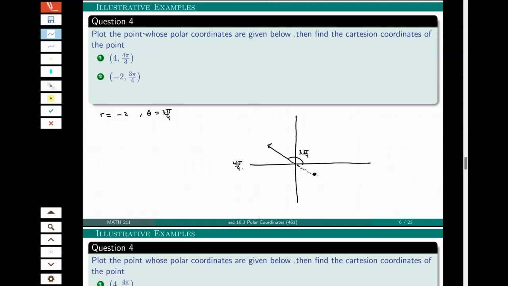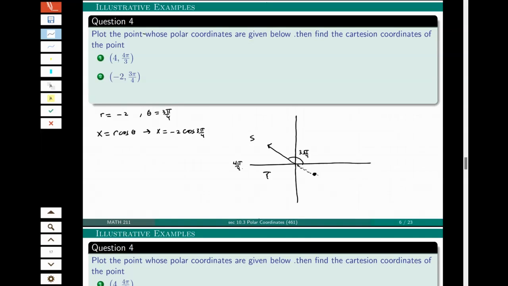Okay, now let's see in the Cartesian system. x equals r cosine theta, which means our x will be minus 2 cosine 3 pi over 4.